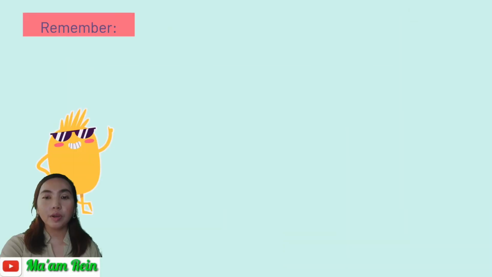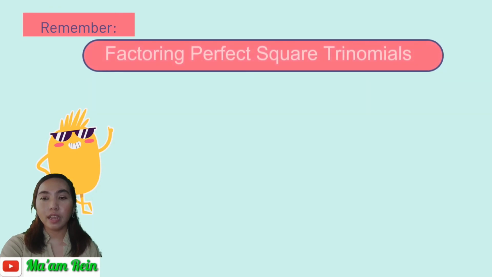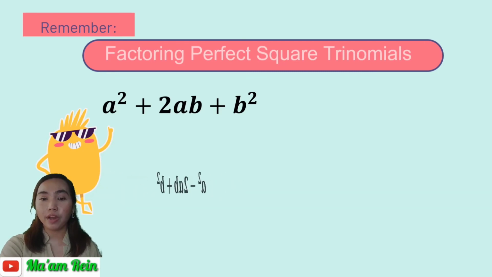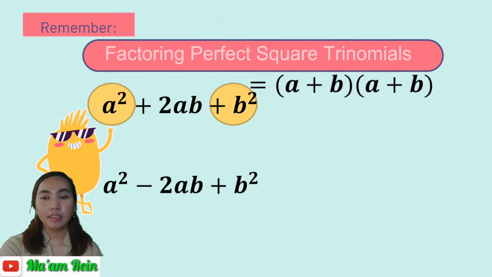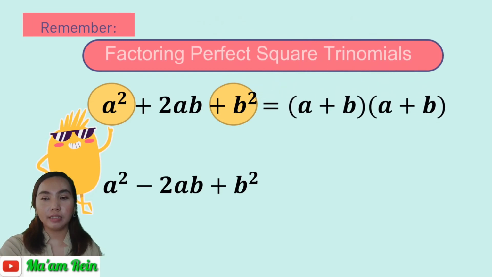So, let's remember that factoring perfect square trinomials, this is also perfect square trinomial, and this is also a perfect square trinomial. So, get the square roots of the first and last term, and then group as this.